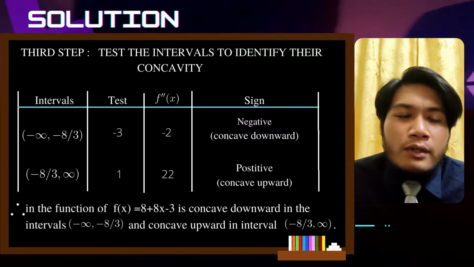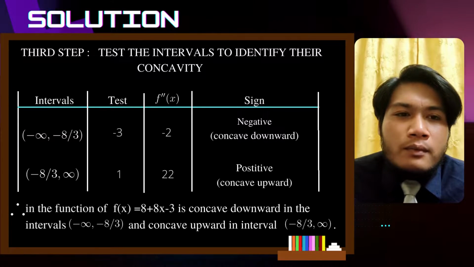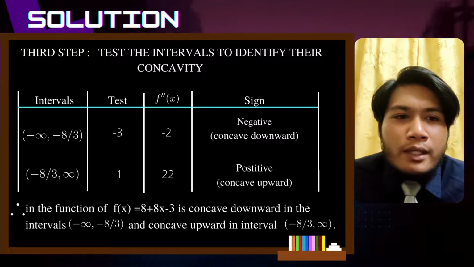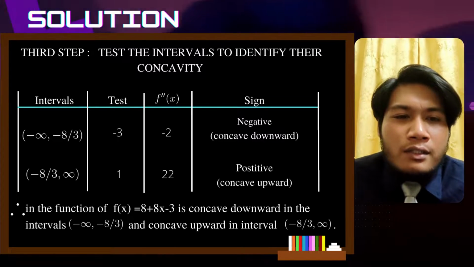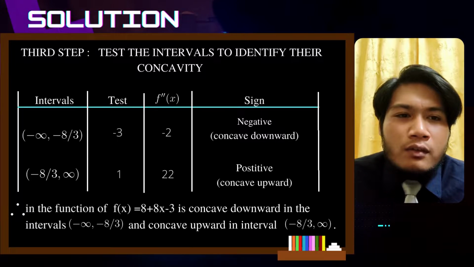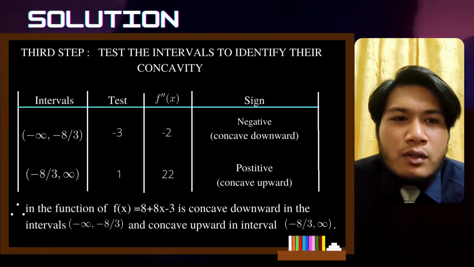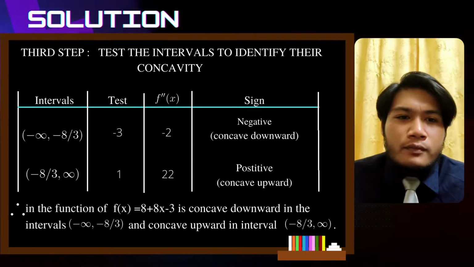We find the value of f double prime x is negative 2, so the sign of the interval negative infinity to negative 8 over 3 is negative, and the graph is concave downward.